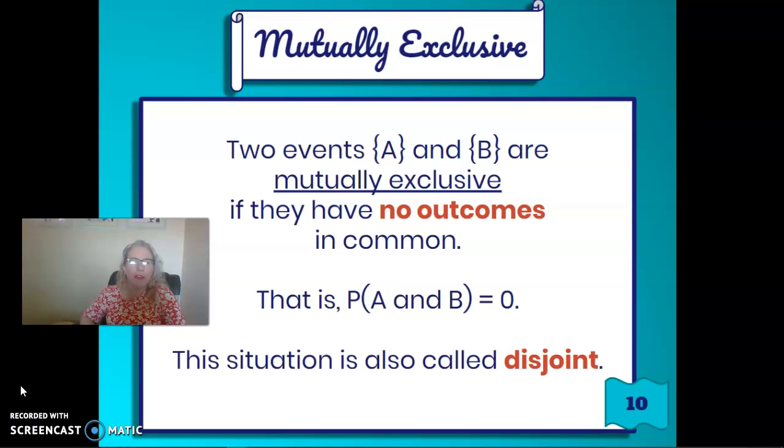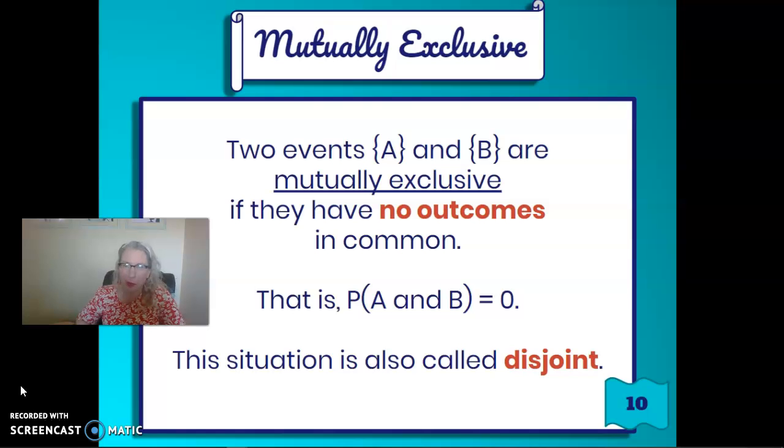Let's talk about when events are mutually exclusive. Sometimes we also say disjoint. Two events are mutually exclusive if they have no outcomes in common. For example, sitting in my car right now and sitting at my desk here at the same time, we know that's impossible.